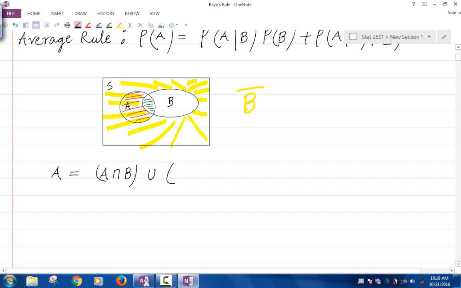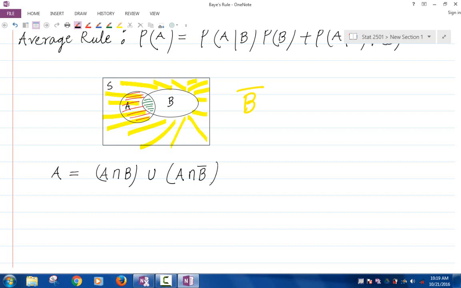Union A intersect B complement. What is A intersect B complement? A intersect B complement is the red region, right? So is it clear that I can write A as the union of A intersect B and A intersect B complement?